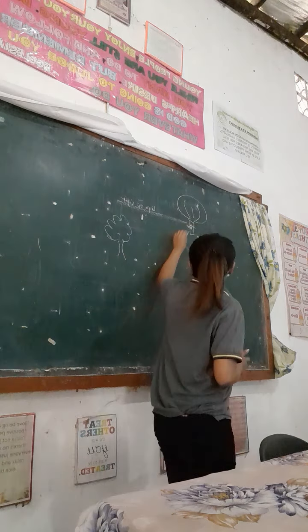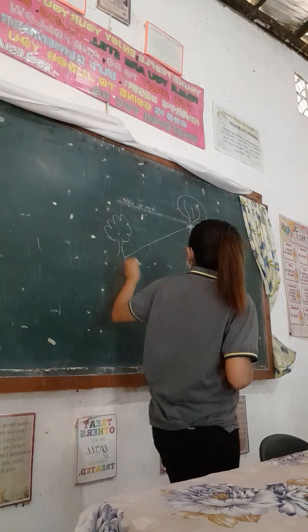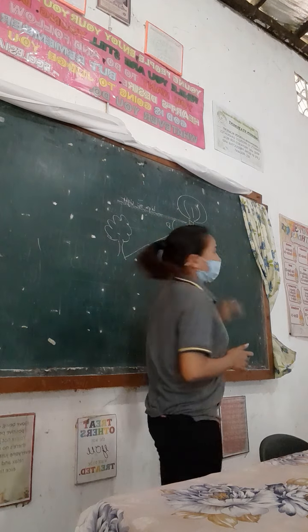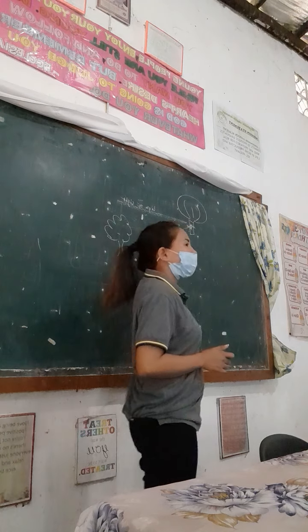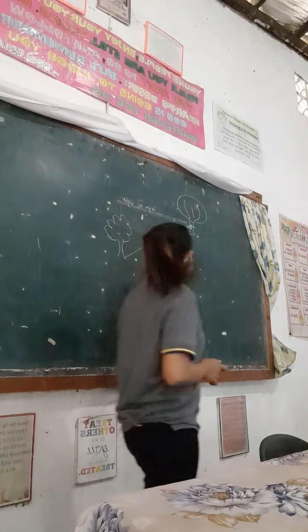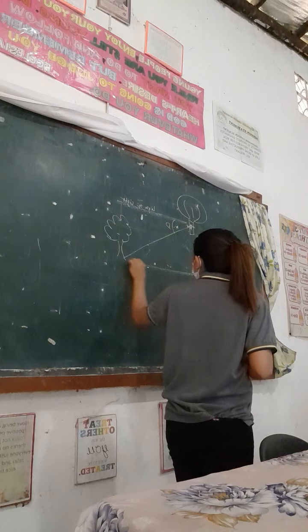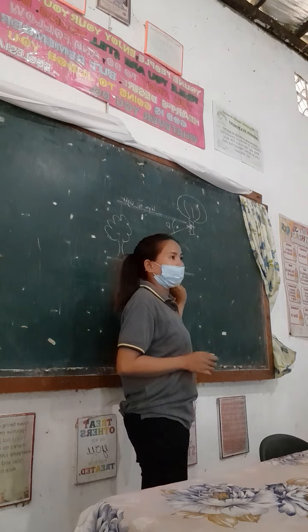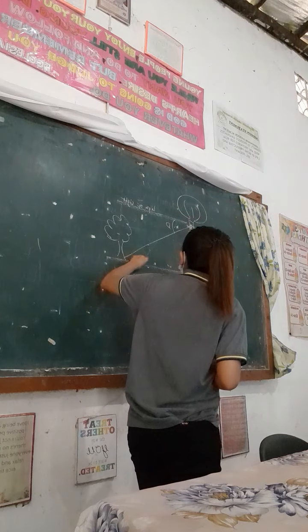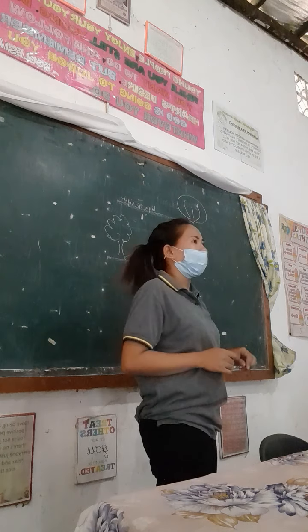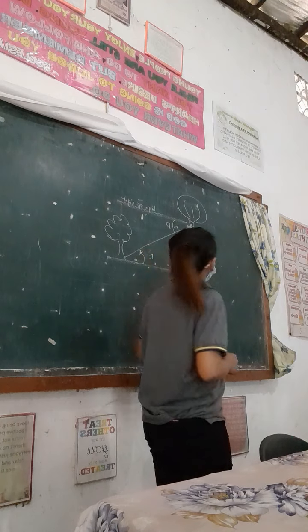Now, this is our angle of depression, from Raisa's line of sight going to the tree. Remember also this is our horizontal because this is the ground. Now, we can say that the angle of elevation is this one.